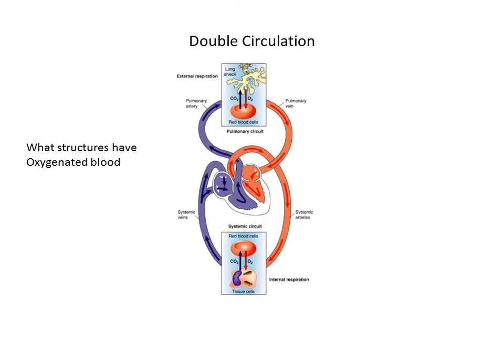But just note here that as the unoxygenated blood returns to the heart, gets loaded in the right atrium and then into the right ventricle. The ventricles are the pumping vessels.